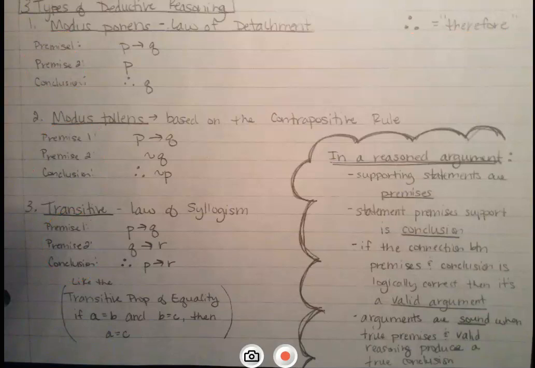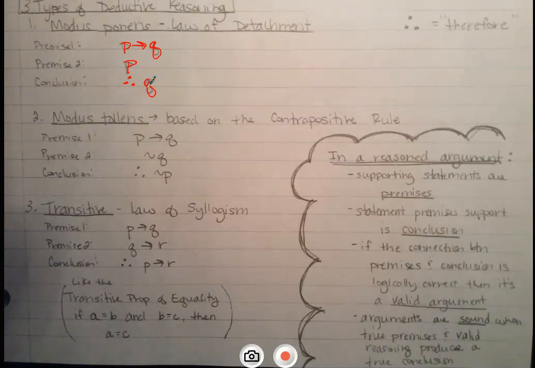All right, so let's go back to modus ponens, the law of detachment. Premise 1 says P therefore Q. Premise 2 says P happened. And so the conclusion is therefore Q. I know it doesn't really make a whole lot of sense. When we apply it, it'll make more sense.